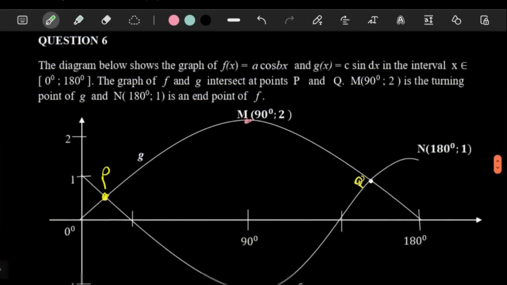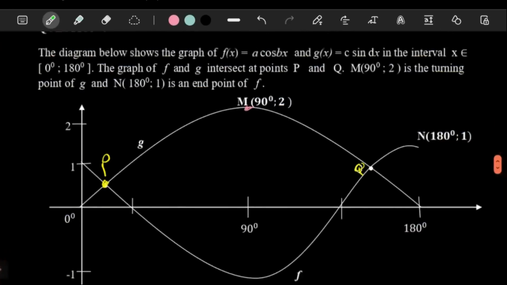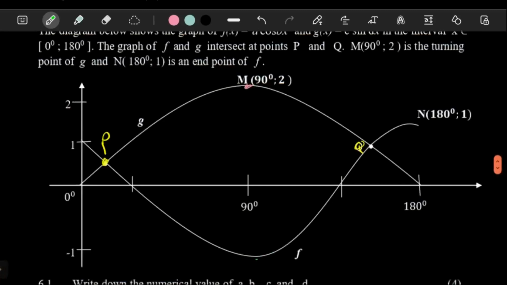So getting A, B, C, and D is all going to come from you being able to interpret your sketch. So to start off, firstly, with the cosine graph, we can see that it's going to go all the way down to -1, and it looks like the highest point that it goes to is +1.